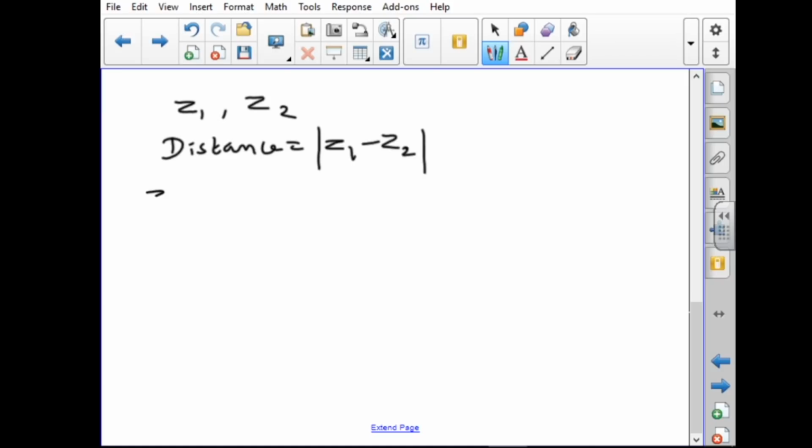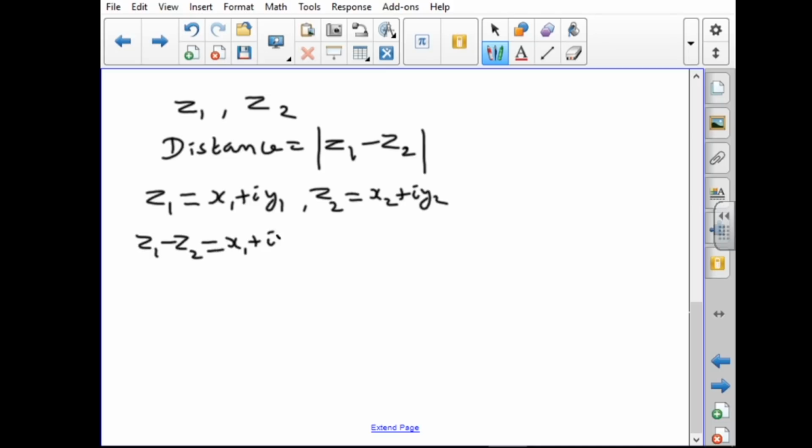So if you take z1 equal to x1 plus iy1 and z2 equal to x2 plus iy2, then z1 minus z2 is equal to x1 plus iy1 minus x2 plus iy2.